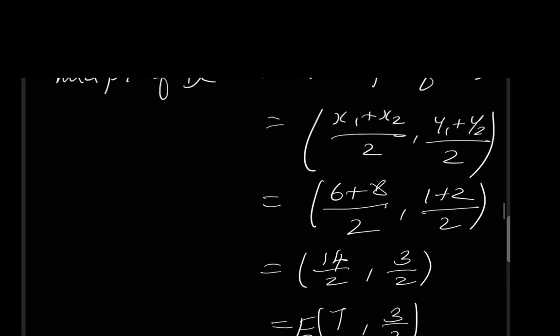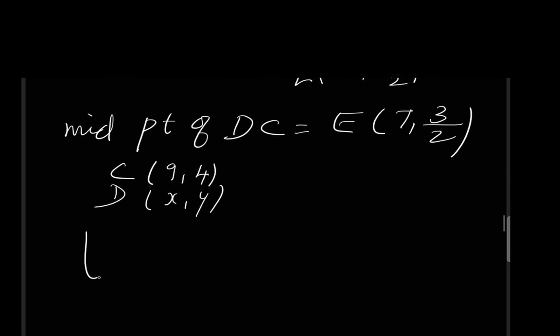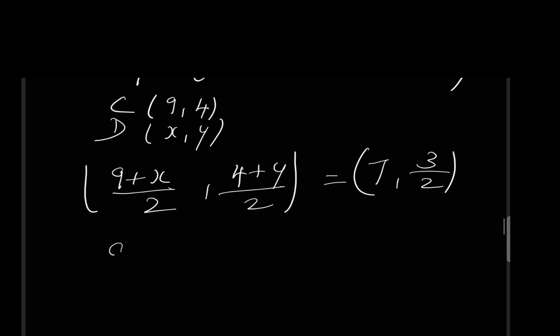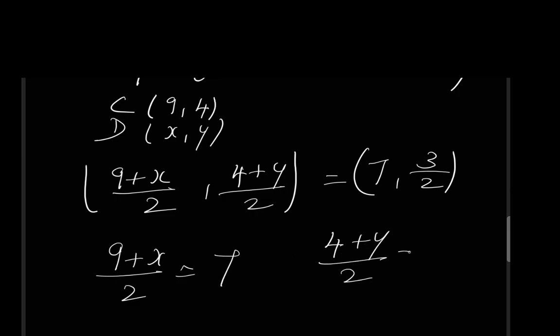One time I mentioned the formula, so you need not write the formula again. Just write this is x1 y1. So (9 plus x) by 2 and then (4 plus y) by 2. This is equal to (7, 3 by 2). So (9 plus x) by 2 is equal to 7. (4 plus y) by 2 is equal to 3 by 2.